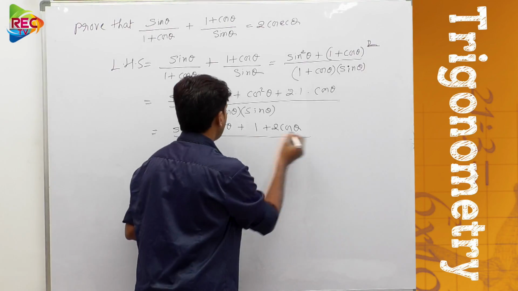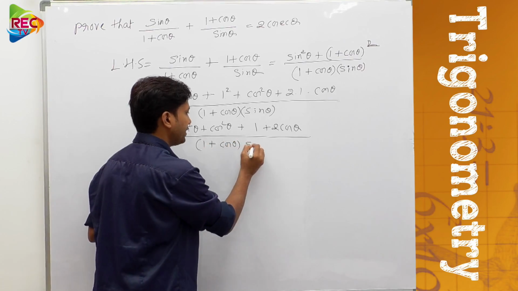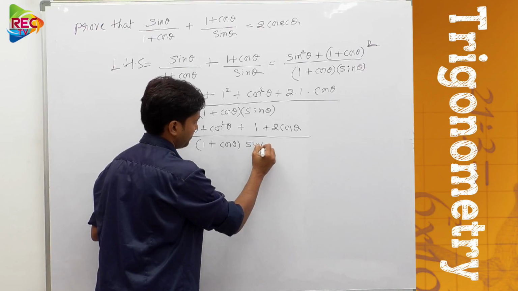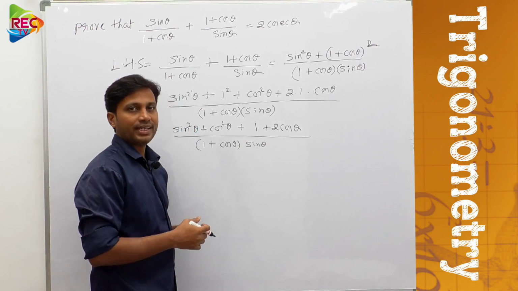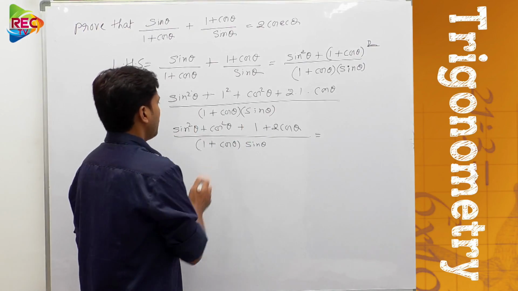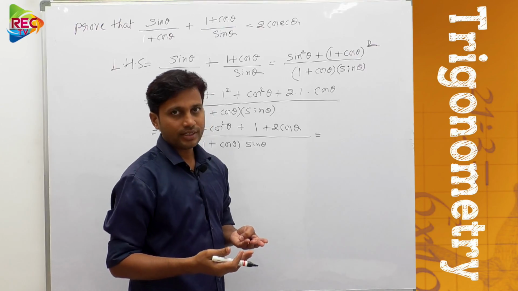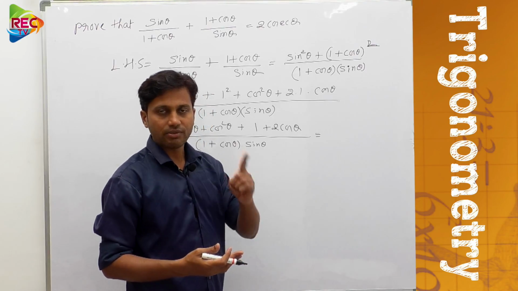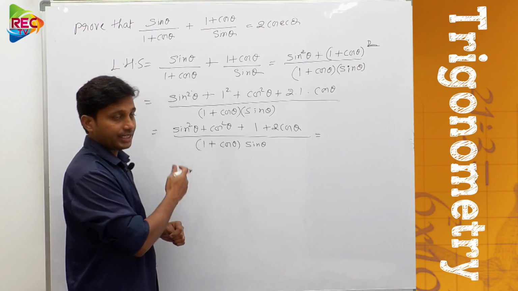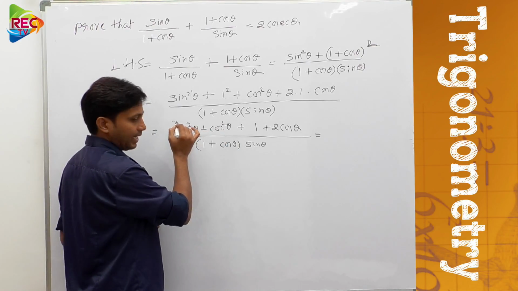After that, come to denominator, that is 1 plus cos theta into sin theta, write it as it is. Okay, we wrote it as it is. Now what we have to do? Simple. Sin square theta plus cos square theta, is it an identity of trigonometry or not? Sin square theta plus cos square theta value would be always 1 for any value of theta. So therefore the value of this entire expression is 1.